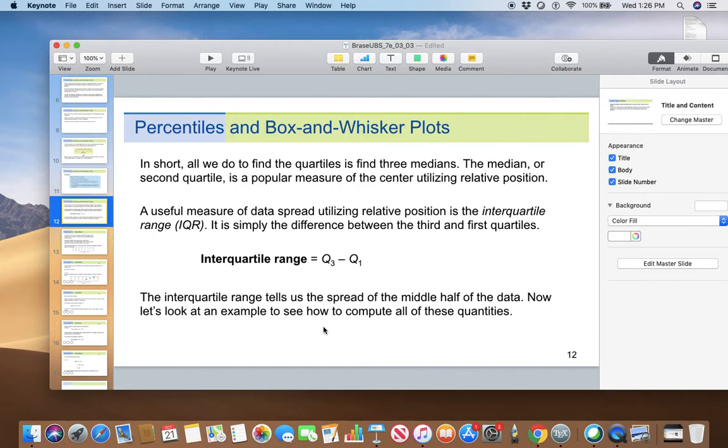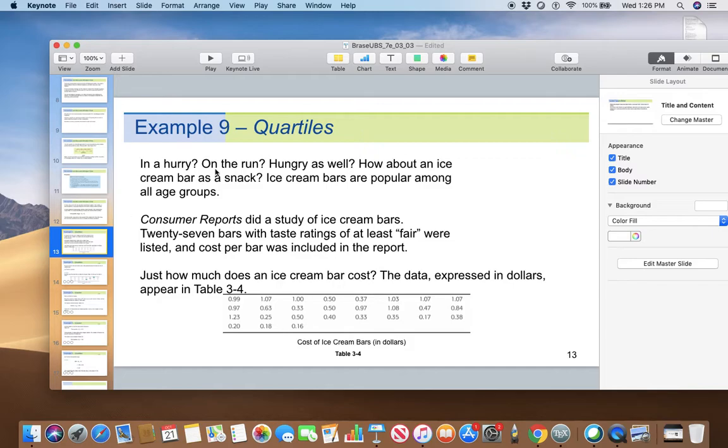Now let's look at an example of how to compute all of these quantities, right? So now in a hurry, on the run, hungry as well, how about an ice cream bar as a snack? Ice cream bars are popular among all age groups.